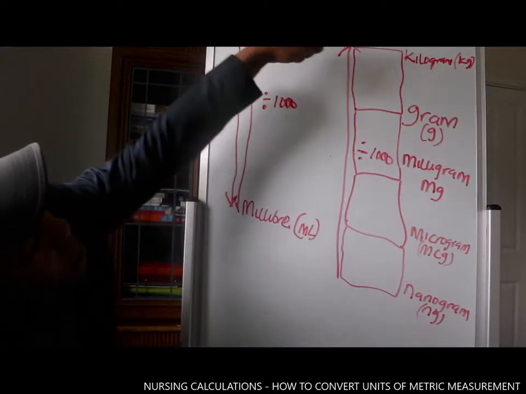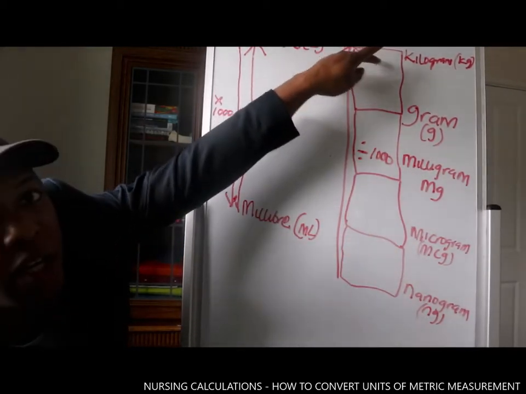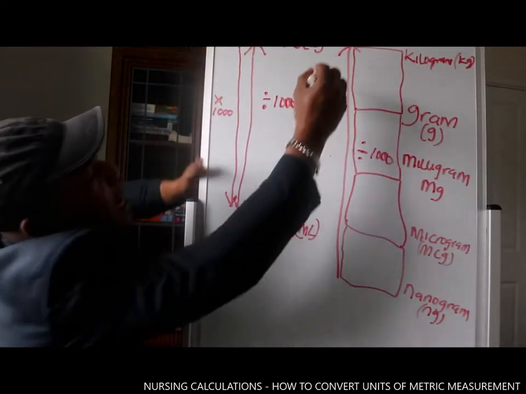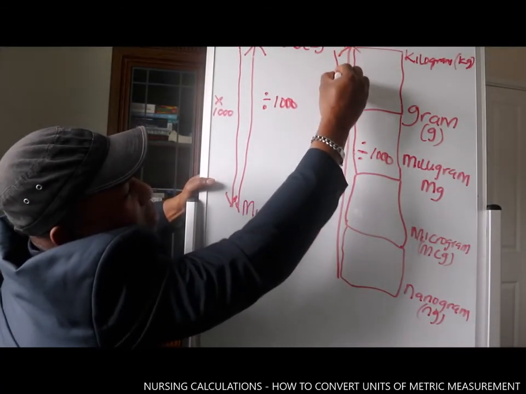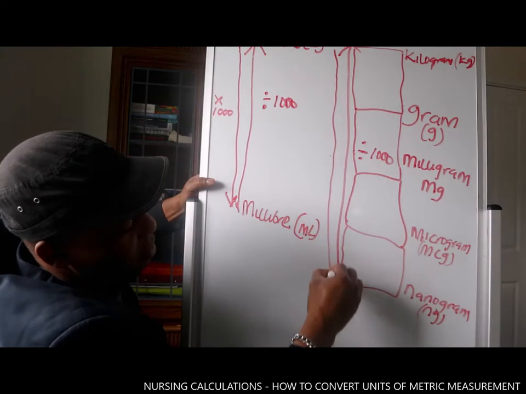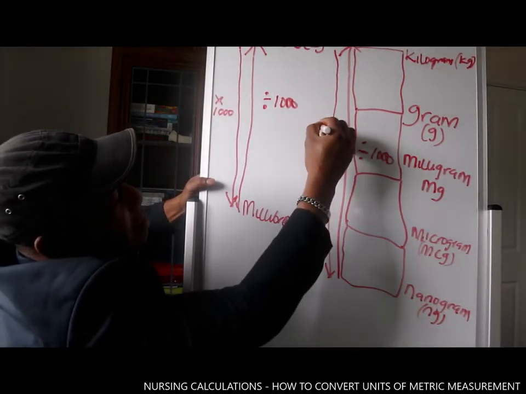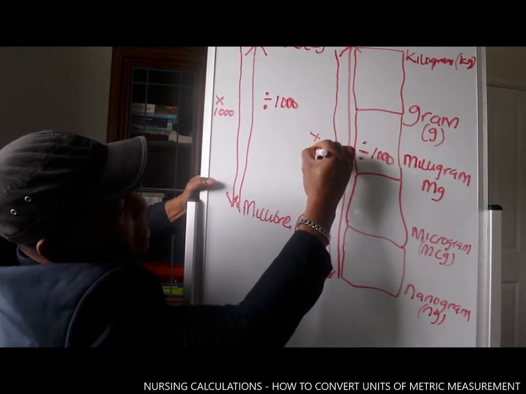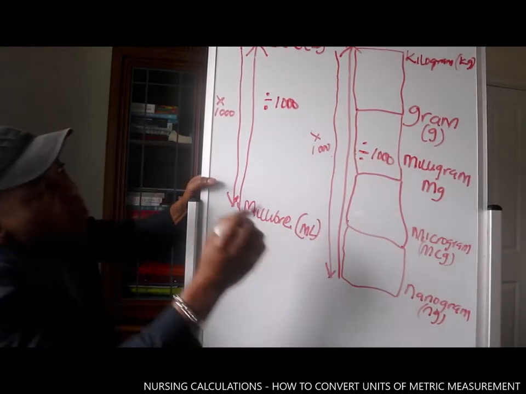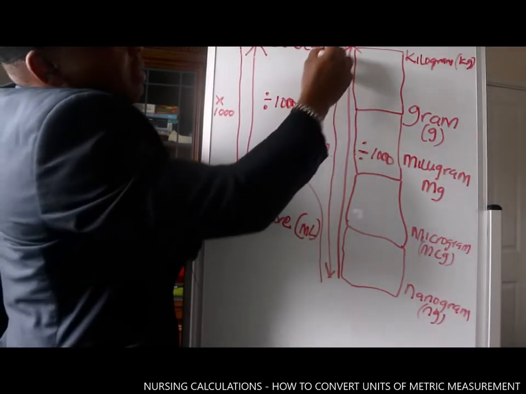If you are going from big size, from kilogram to nanogram, if you are going from big to small, you multiply. You can see the arrow. You multiply by 1,000. I hope this is clear from this unit.